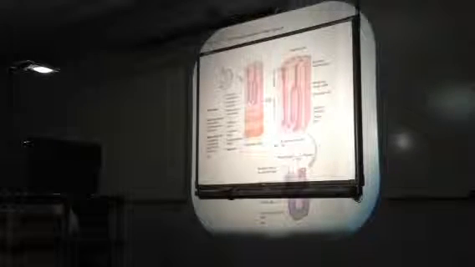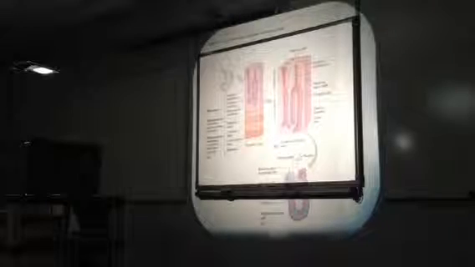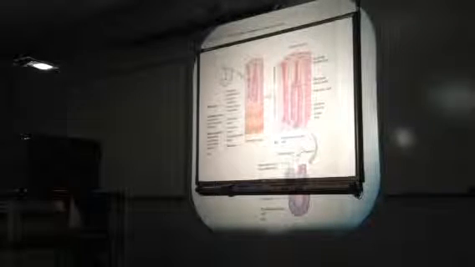Now what happens under B is food arrives in the stomach, which stretches the stomach wall, and that stimulates gastric secretions.